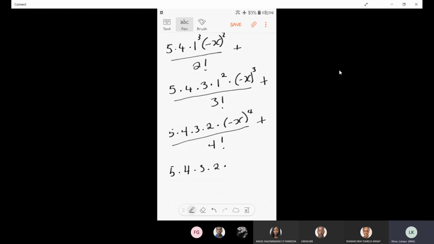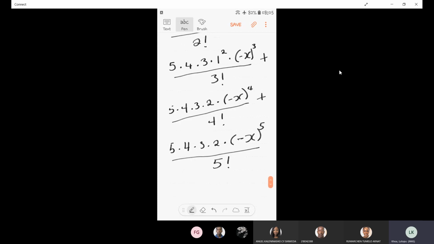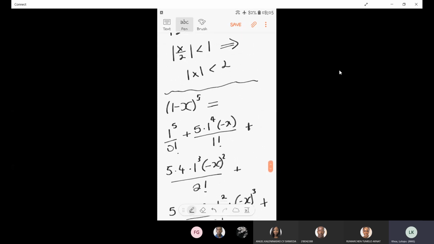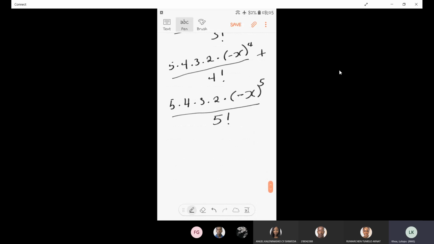And then the last one that I'm not writing now is 1 to the power of 0. Okay, and then I have minus x to the power of 5 divided by 5 factorial. Okay, so that is me just applying the binomial theorem.